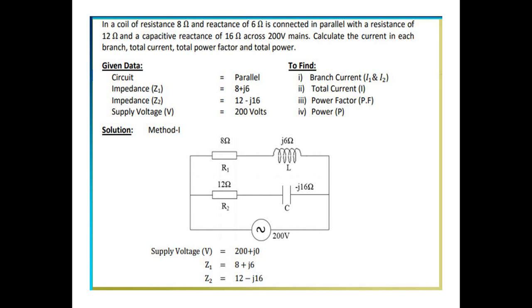The supply voltage is 200 plus j0, that means there is no reactance in the supply voltage. Z1 is 8 plus j6 and Z2 is equal to 12 minus j16.